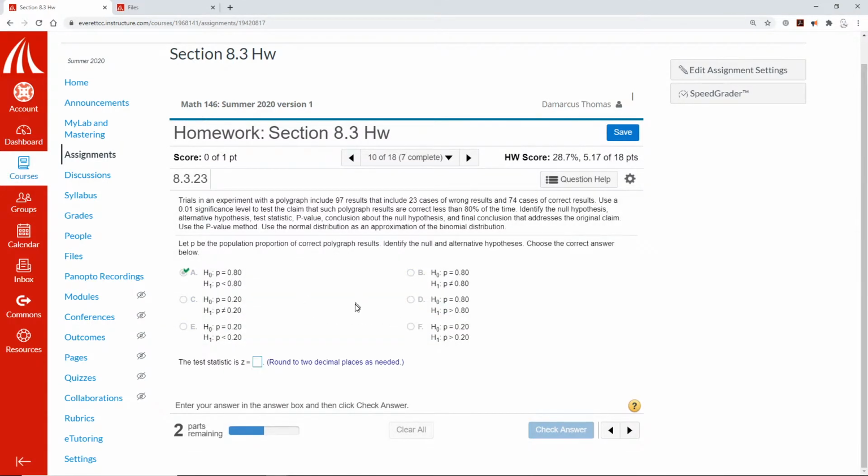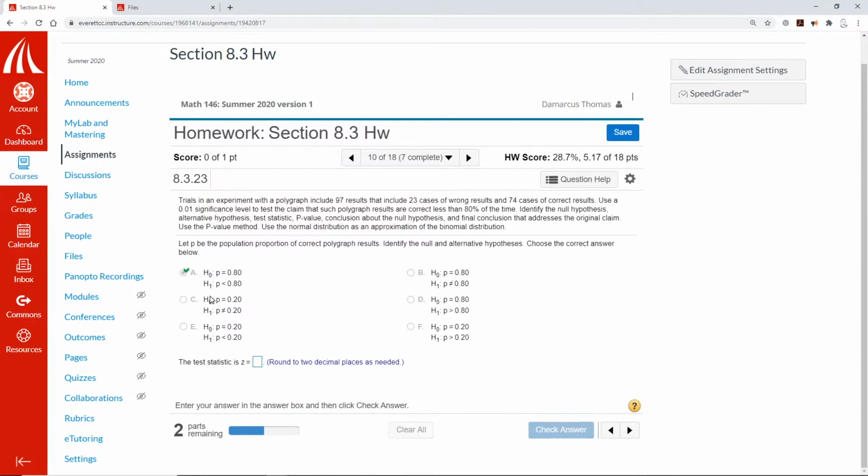And then after this point, what you're going to do is look at the number of cases that were wrong out of the total. And there was only 23 cases that were wrong out of 97. That's about 20%. That's very, very small.